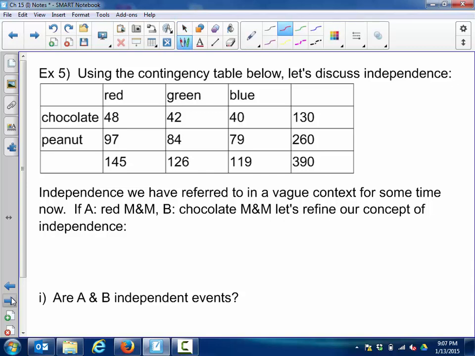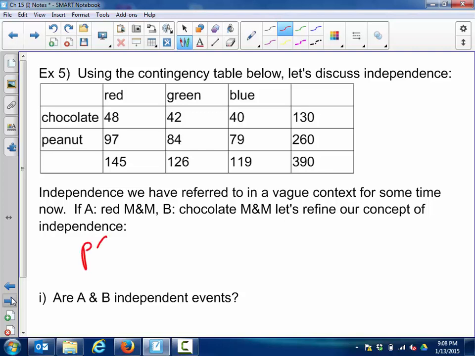If A is the event that we're choosing a red M&M and B is the event that we're choosing a chocolate M&M, before we said that the events A and B are independent so long as one happening does not affect the other.